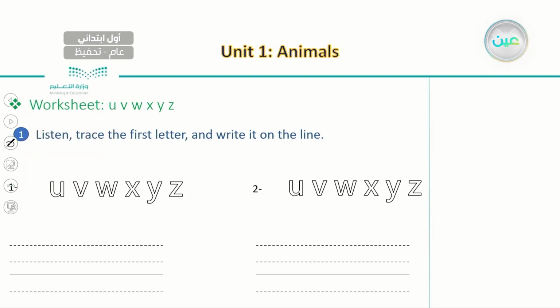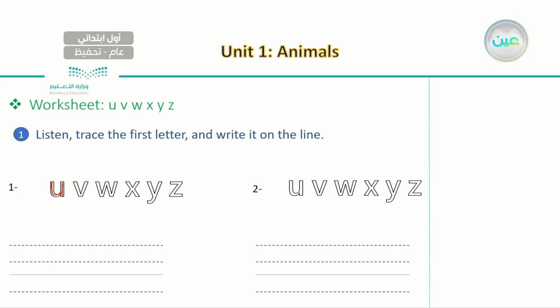With number 1, the first letter we need to trace is letter U. So now we'll go to letter U and trace it. Maybe color it a bit.